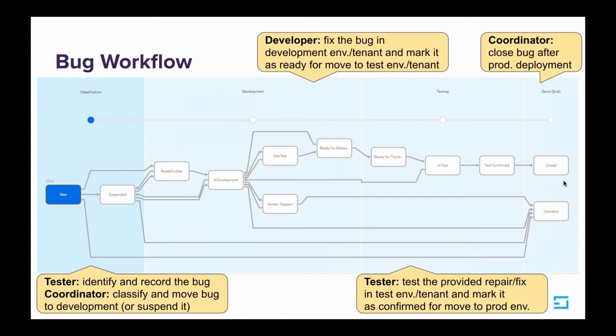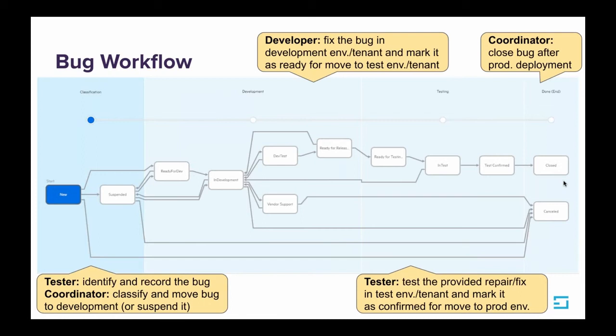This phase means, okay, the bug is repaired, it's confirmed by the development team, and is ready to be deployed to the SIT environment. What I forgot in the beginning is that we are working in 3 instances of SMAX: production, testing, and development. So the developer is working in the development instance.